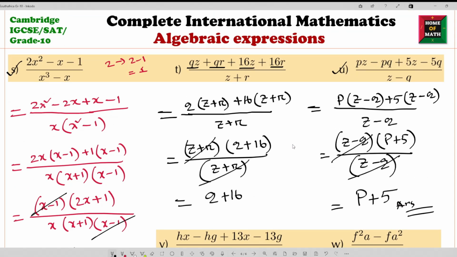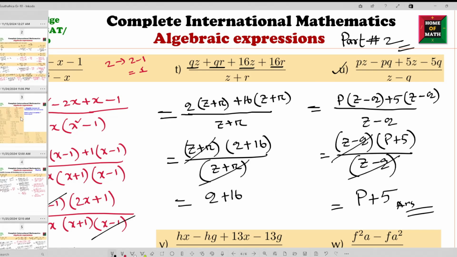Hope that once we complete the first part and second part, and you practice at home, you will learn lots of things, and your exam practice will become very good. So the first part you will get in the description box, and in the next video we will do more algebraic expressions which we already told.